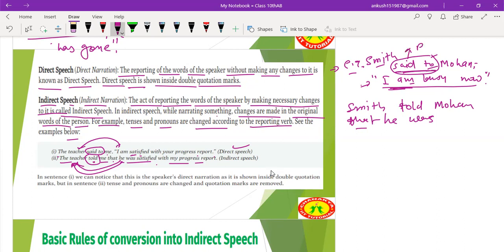The reporting verb is given in past. So after transforming it into indirect speech, we also have to use the past tense. Smith told Mohan that he was busy, and "now" means it was the present time, so we will use "then" instead of "now." Have you got the point?